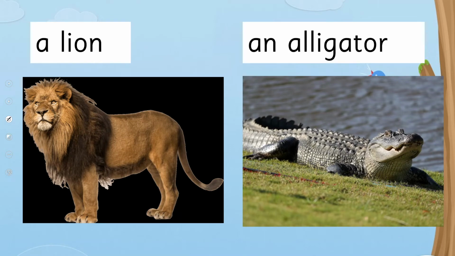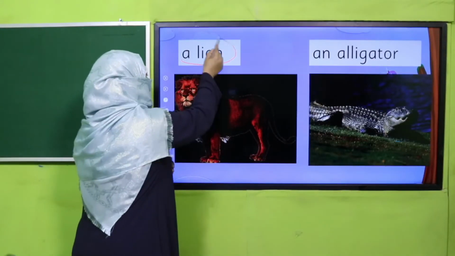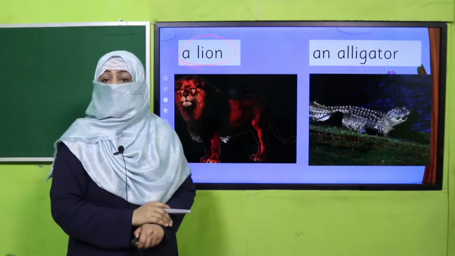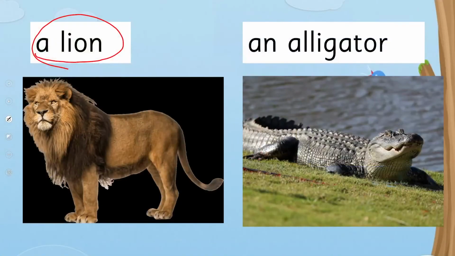There is no specification which lion I am talking about. So it is general. Like I can say a lion is a wild animal. It means if there is a lion, you should be careful. It's wild. And it also means every lion is a wild animal. That's why we use this indefinite article.